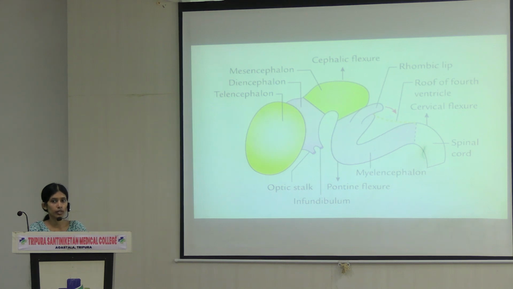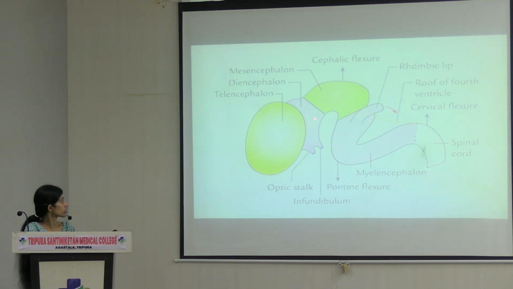This is how the developing brain will appear at the 5th week inside your skull. This is the exact picture of how it will appear, from cranial to caudal. This is the cranial area and this is the caudal area. You can see the telencephalon is the most enlarged part because it is giving rise to your hemisphere.